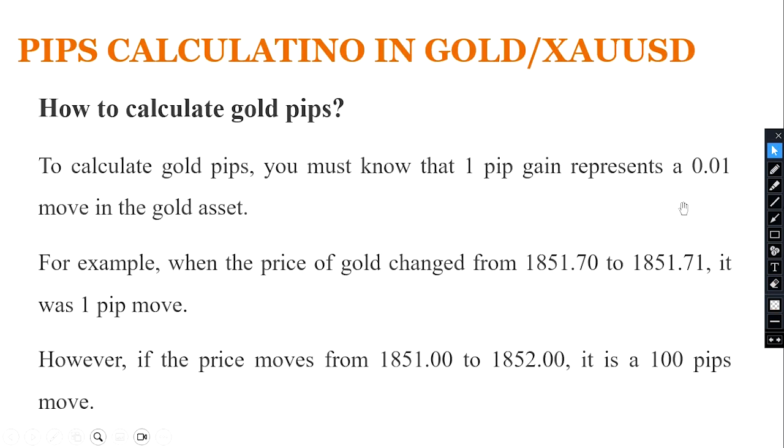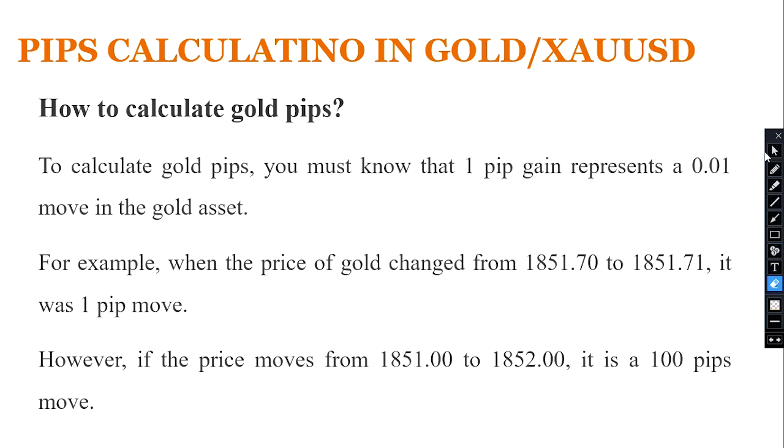To calculate gold pips, you must know that 1 pip gain represents 0.01 movement in the gold asset, in the sense that you must have 2 numbers after the decimal. So let's continue.